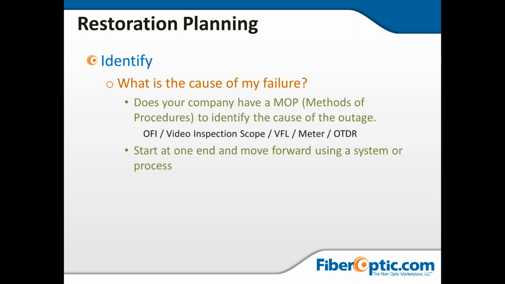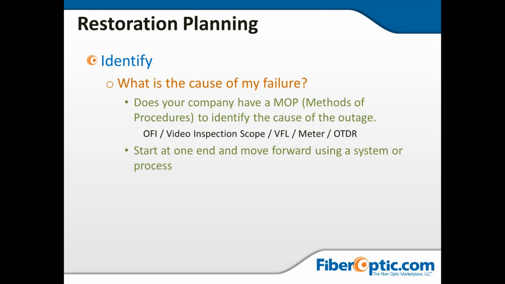And these should walk technicians through a series of troubleshooting tasks to identify where the problem is. In many situations, you're going to have an outage. You're going to have a no light situation, and that's understood. But what is causing that no light situation?